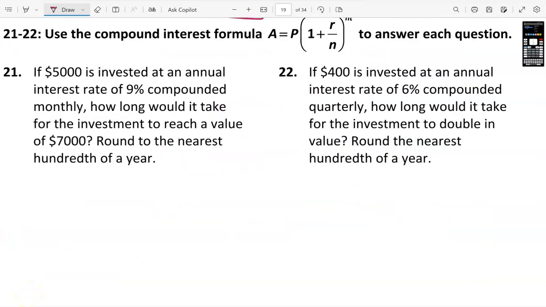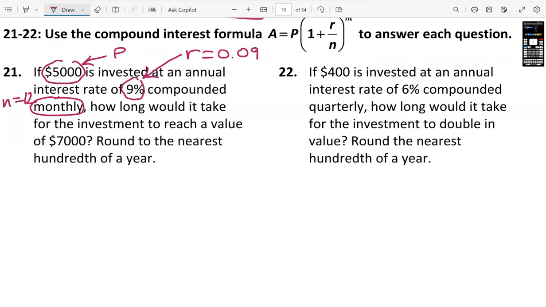In 21 through 22, we're using the compound interest formula to answer each question, and we have in 21 $5,000 invested initially, so that's our value of P. The interest rate is annually 9%, so that gives us our value of R, which is 9 divided by 100, or 0.09. And it's compounded monthly, so that tells us that that happens 12 times per year, so N is 12.